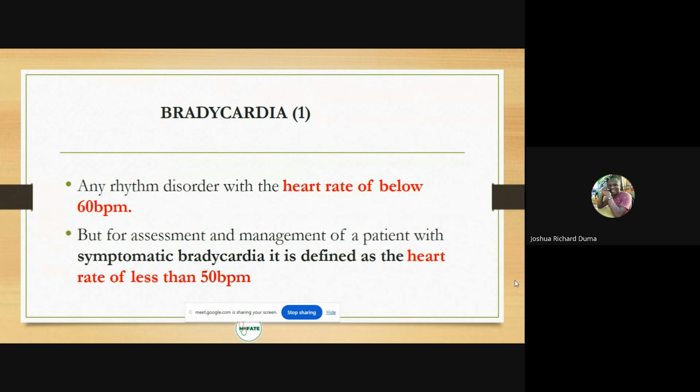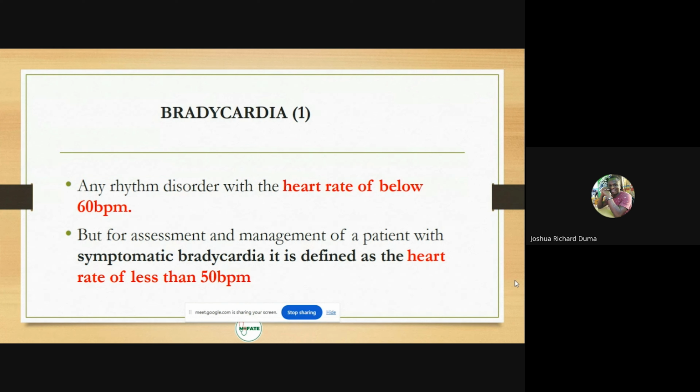For assessment and management of a patient with symptomatic bradycardia, specifically in an ICU or in critically ill patients, bradycardia should be associated with symptoms, because there are some people who can have a heart rate below 60 and it's just a normal rhythm.